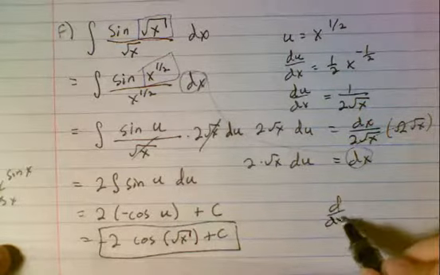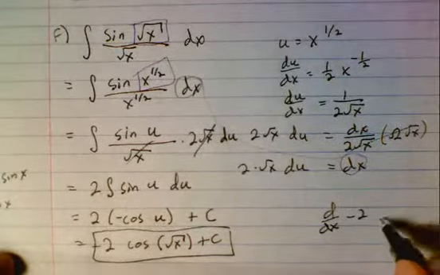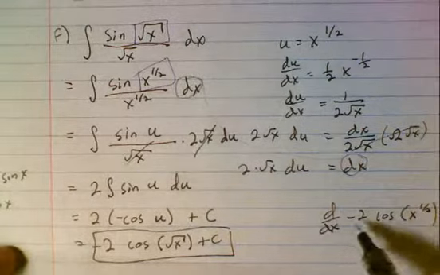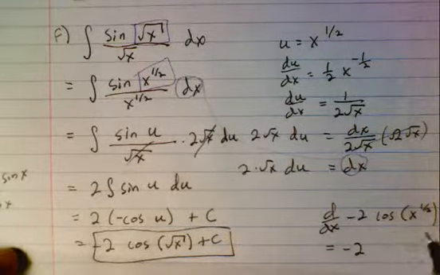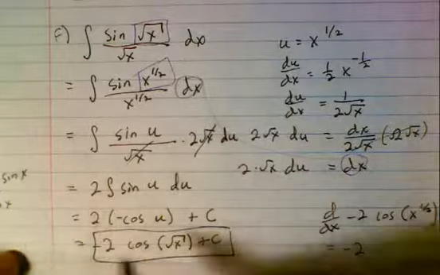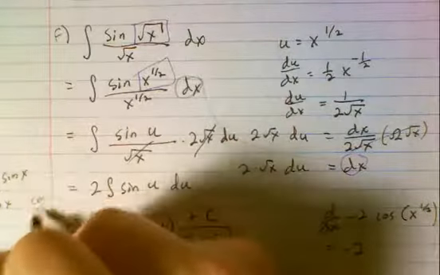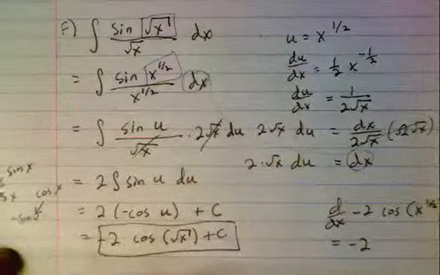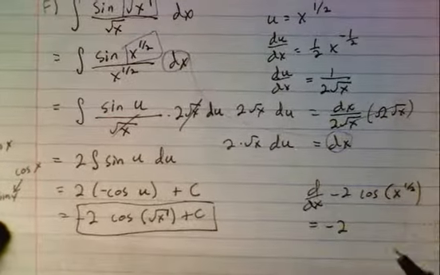When we do our derivative to check, I'll do that rewrite step first. The negative 2 is along for the ride. The derivative of negative cosine goes back this way.